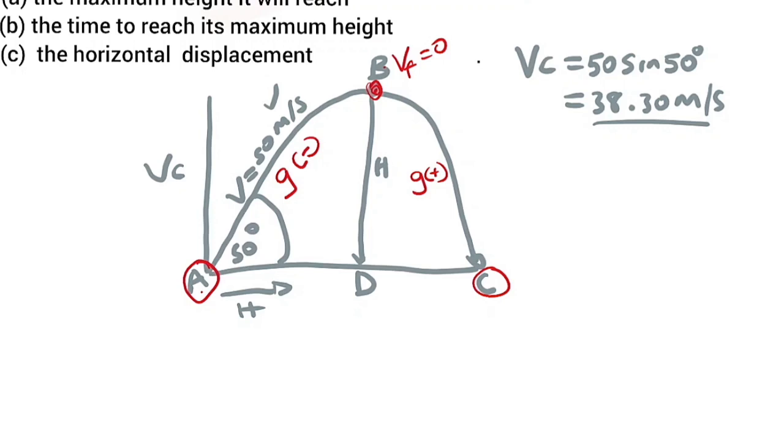Then let us write the formula that we're gonna use to find this maximum height they are looking for. We'll use one of the equations of motion, represented by h is equal to the final velocity squared minus the initial velocity squared, divided by 2g.